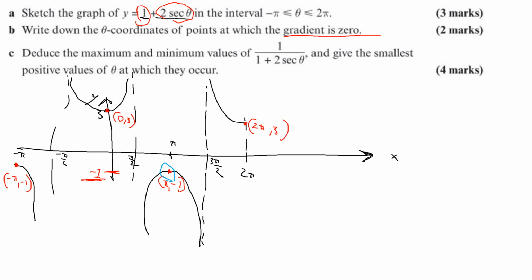So therefore, if the minimum point is minus 1, then 1 plus 2 sec theta is equal to minus 1. And so therefore 1 over 1 plus 2 sec theta is equal to 1 over minus 1, which is equal to, ready, minus 1. All right.